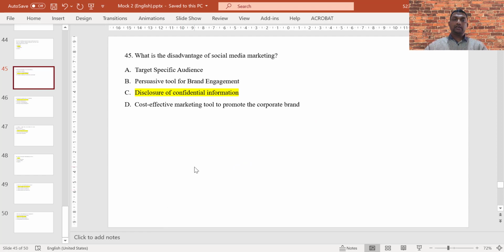There are 4 answers given: target specific audience, a persuasive tool for brand engagement, disclosure of confidential information, cost effective marketing tool to promote the corporate brand. A, B and D are mostly advantages, and confidential information being disclosed is one of the disadvantages.